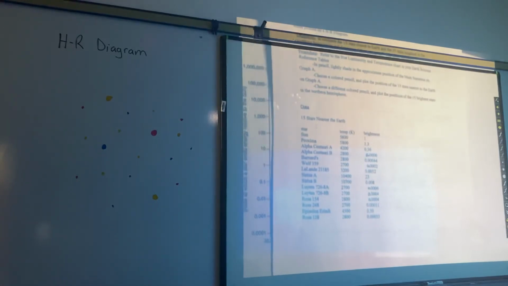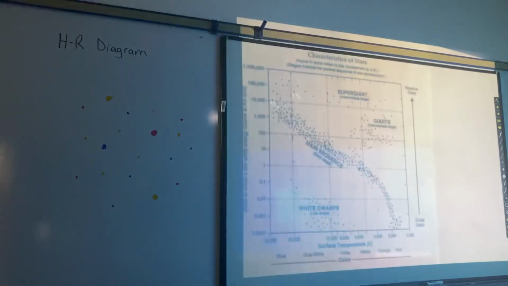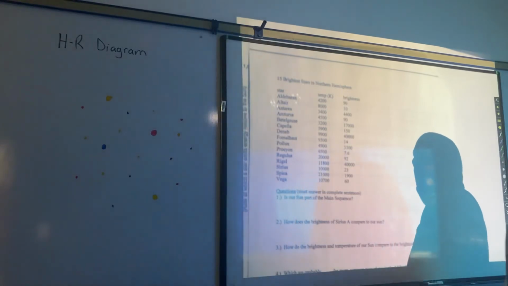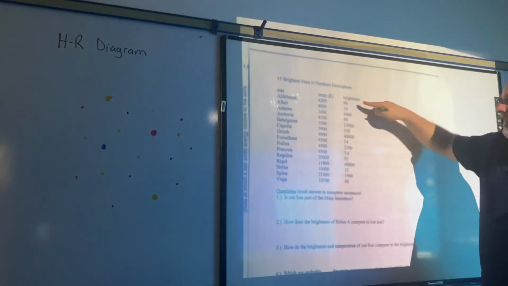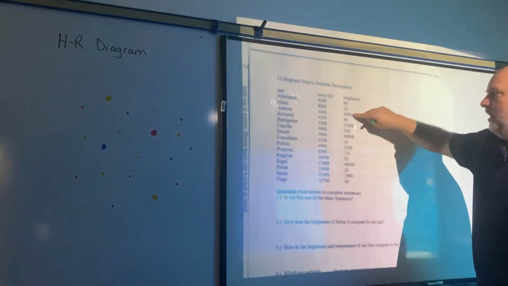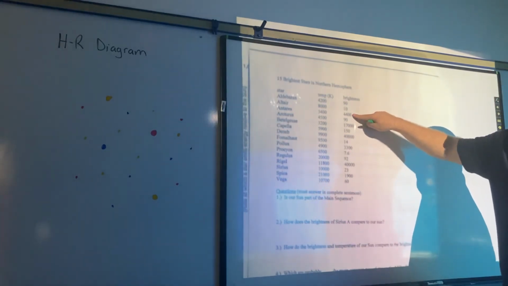Now, then you're going to pick a different colored pencil, and you're going to plot the second list of stars. Now, the second list of stars is, these are the 15 stars that are brightest in the sky. So you can see their temperatures and how bright they are. So, for example, Antares has a brightness of 4,400.